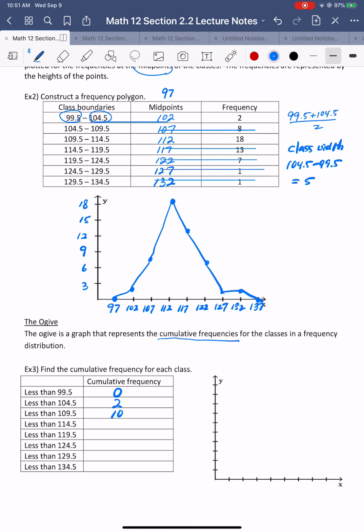So keep adding the next number, and then the 114.5 right here, right? So up to here, so you're adding the 28.